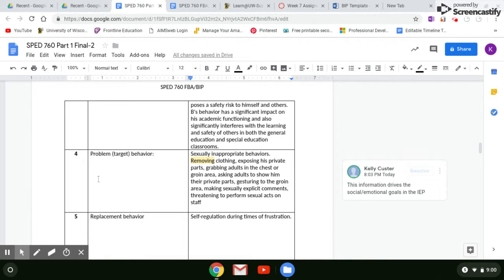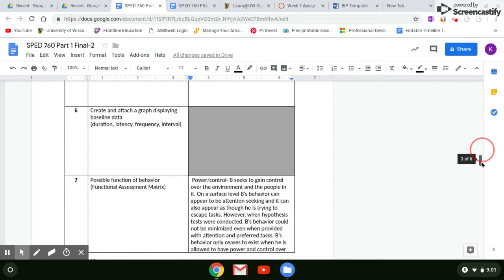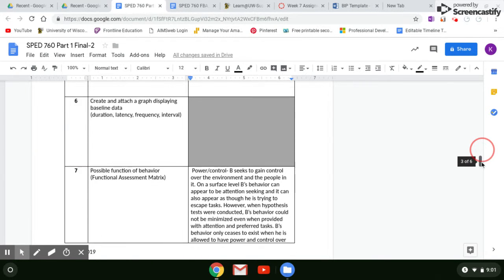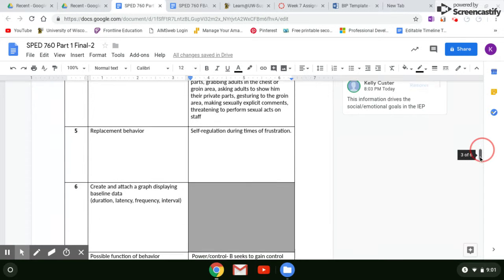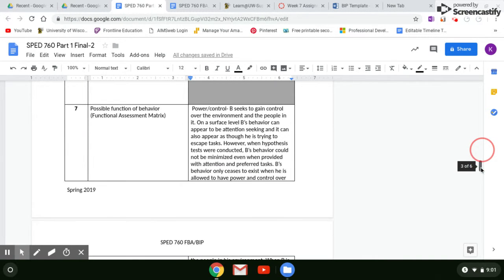The information here, our problem or target behavior, is the kind of information that would drive our social emotional goals for the IEP. And these were also the things that we saw within the observations.